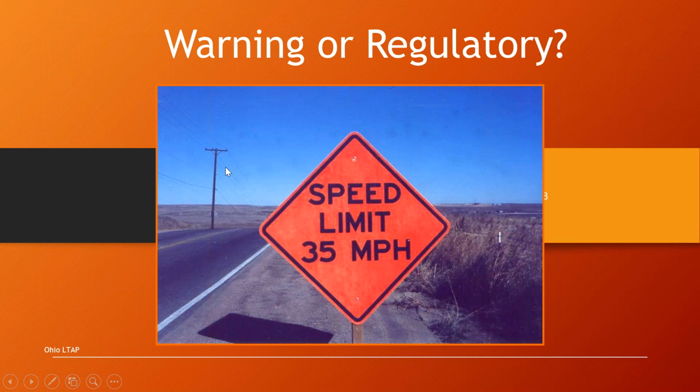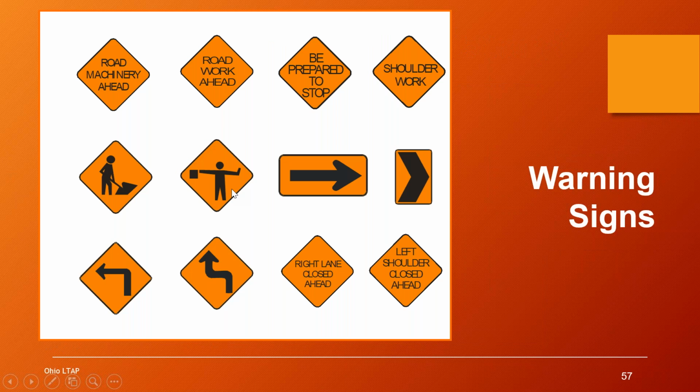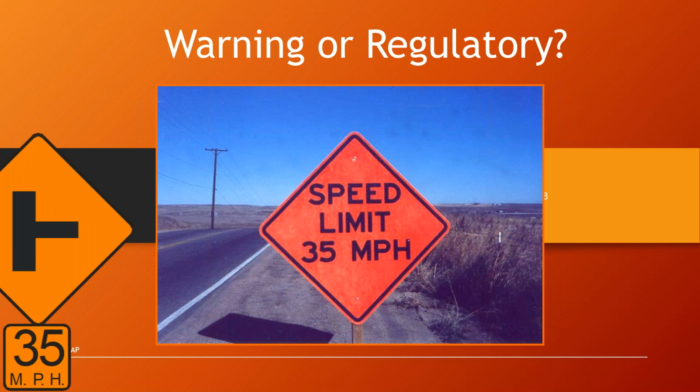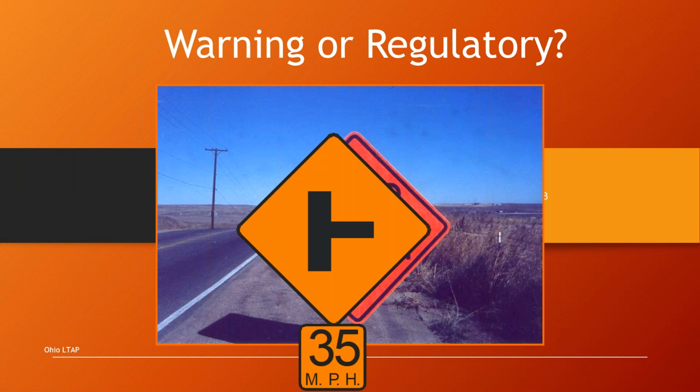Okay, what else have we got here? So now that we know everything about warning signs or regulatory, which kind of sign is this? I don't expect you to write it in, but I'll just tell you, it's a trick question. You usually don't see a sign like this because it says speed limit 35, but a real speed limit sign would be a white rectangular sign, right?